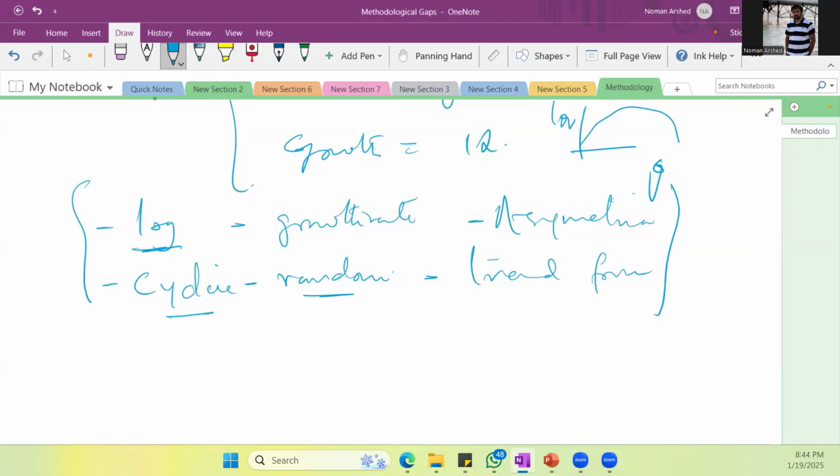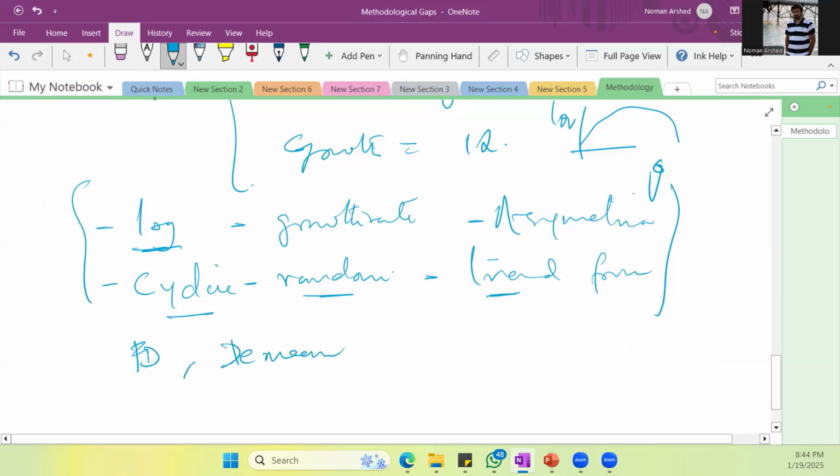Random form is used when you are trying to measure the unexpected change in the variable. Trend form is used when you're trying to pick up the trajectory at which it is growing. Then there is the first difference form, the demean form, and many more. These are the transformations that you can apply.